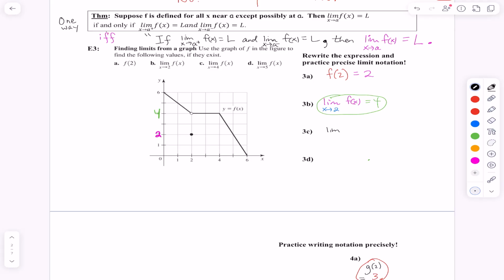We'll have the limit as x approaches 4 from both sides. Where do the corresponding f of x values go? As x approaches 4 from both sides, where do the corresponding f of x values go? They're also going to 4. Oh, I said I would write top to bottom.